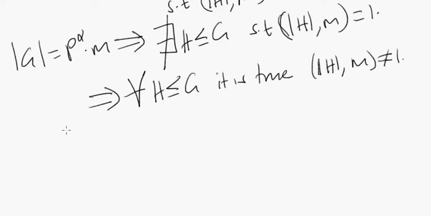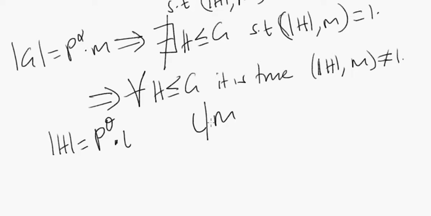But what does it mean for the GCD to not equal 1? Doesn't it mean that the order of H and m have some factor in common other than 1? So are we saying here that the order of H has to equal p to the theta, some theta power of p, times some l, where, since the order of H is not relatively prime to m, l has to be such that l divides m?